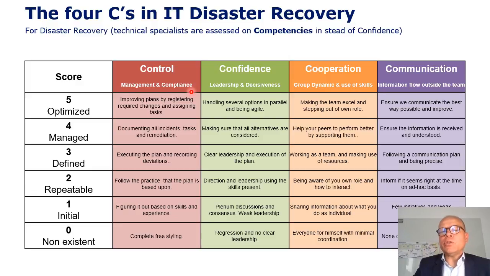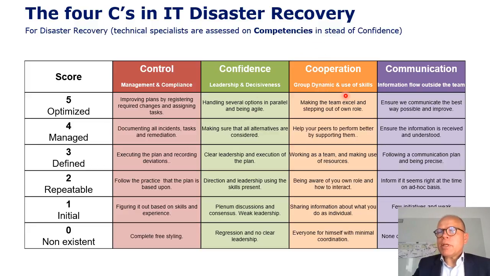Basically doing what you set out to do or deviating in a structured way. So that's the management compliance. On the confidence, it's leadership and decisiveness. So that's your ability to execute and your ability to get things done and perform leadership.